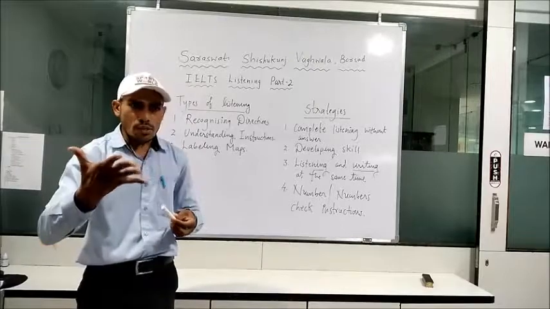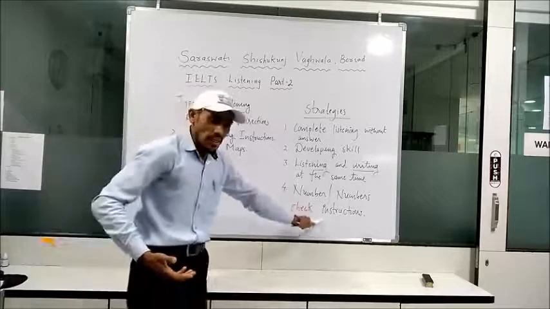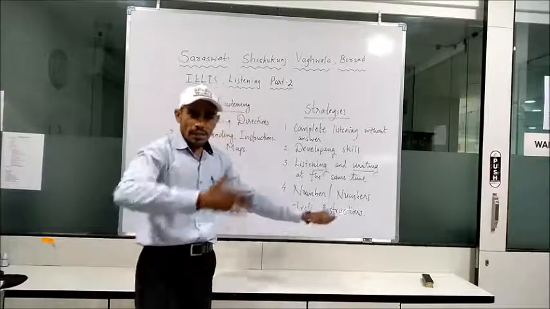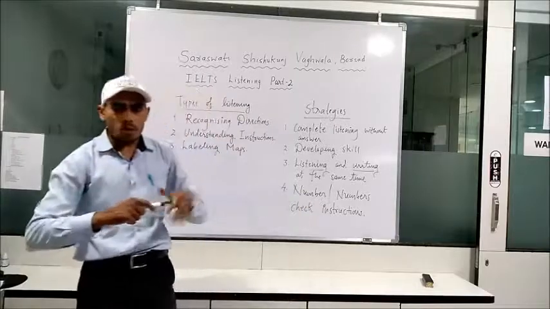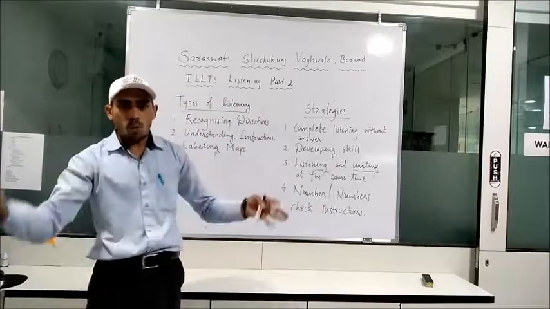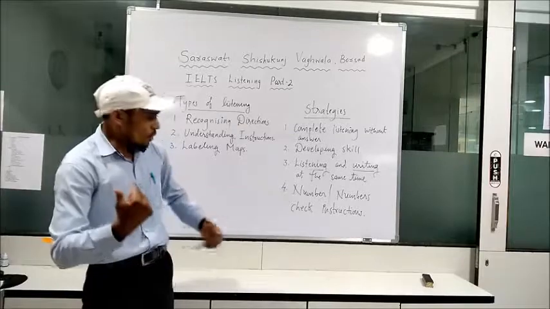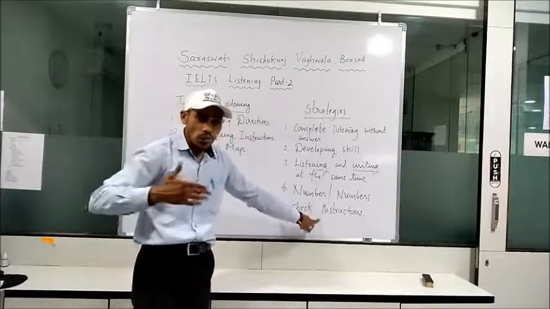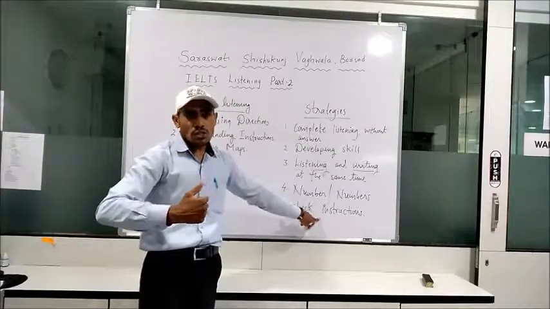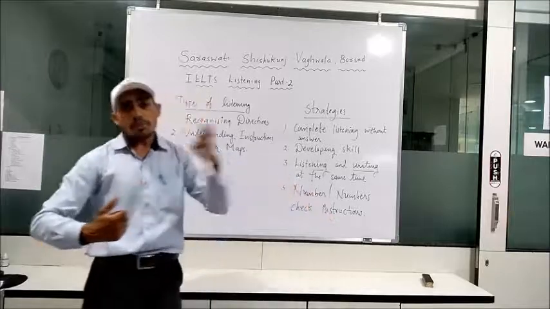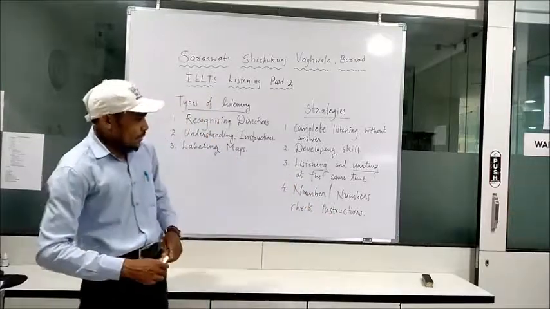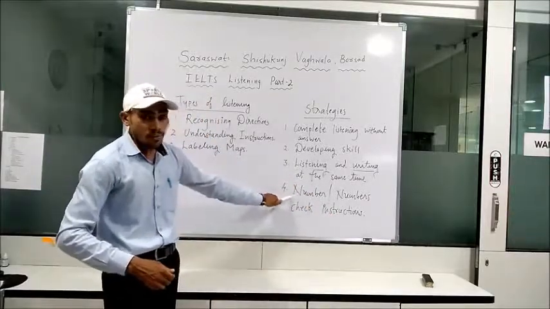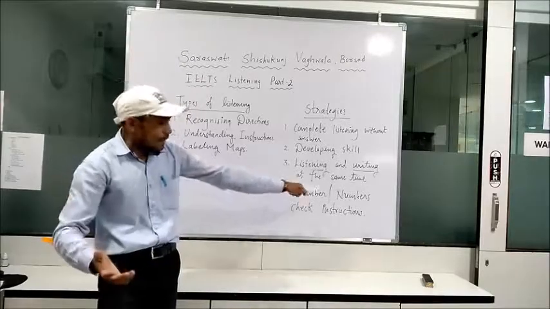When students do not understand the instructions, they just start listening to part 1 or part 2, or sometimes they complete the whole listening, but they do not listen carefully to the instructions given in the beginning. So sometimes instead of number, students get confused and they write numbers.